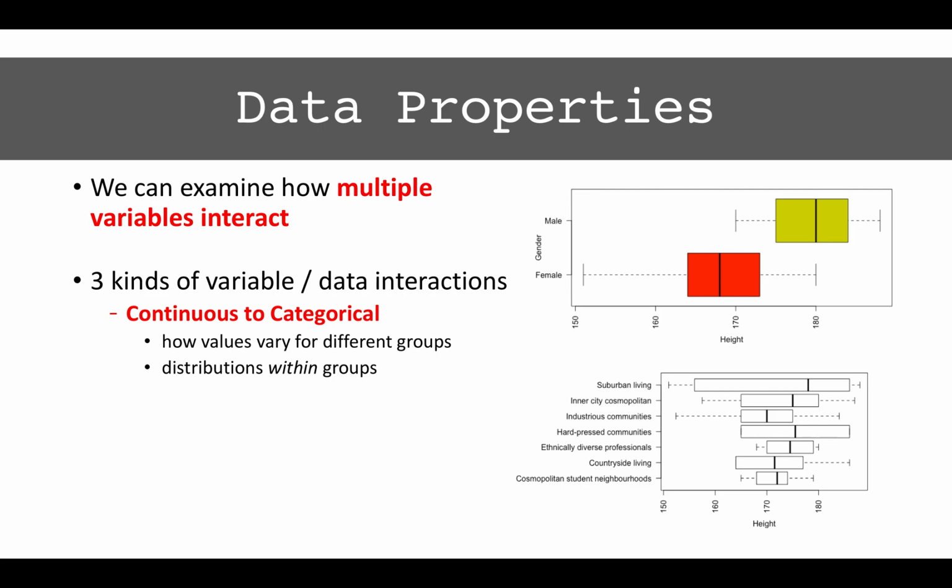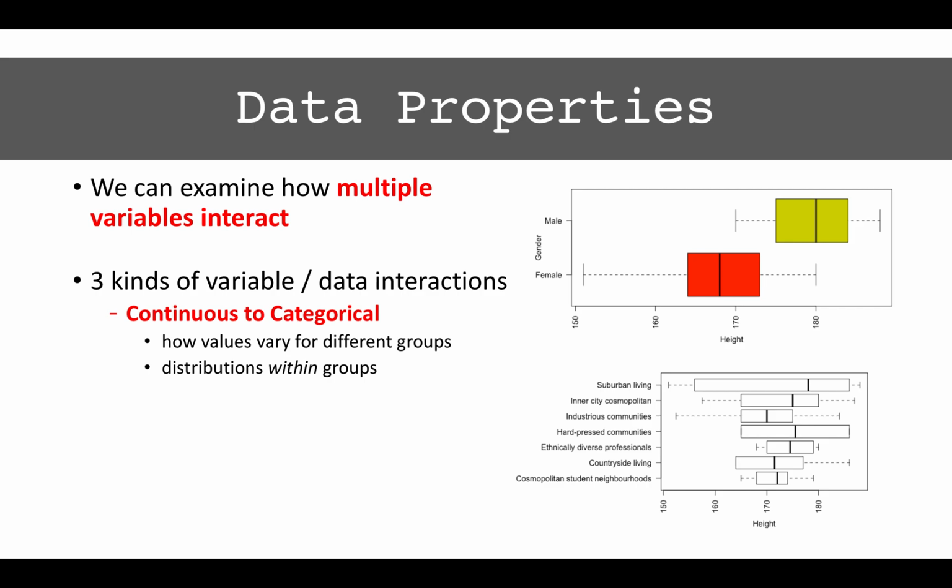This allocates each area to a class, and when you gave your postcodes, I used that to link to the data set to pull out the label of the class of your home residence. We can see, for example, that the median value of height for suburban living is greater than that for respondents from industrious communities.